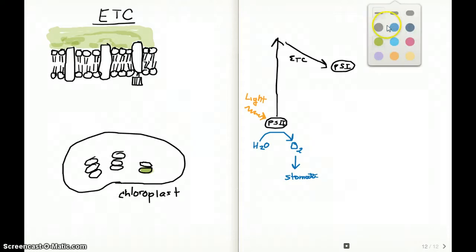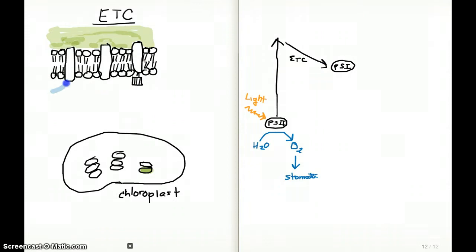If we look at our electrons come in, travel through here, and as they do that, all they are doing is pumping hydrogen ions into this space, and that's really what we want happening.